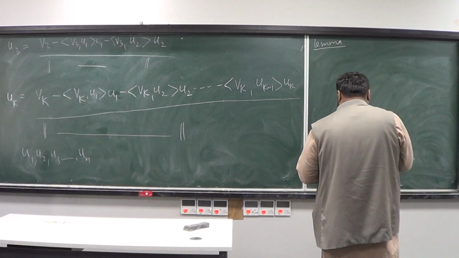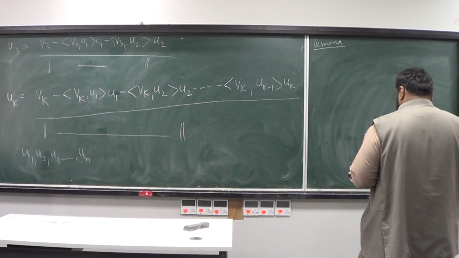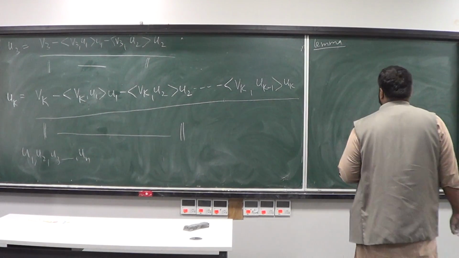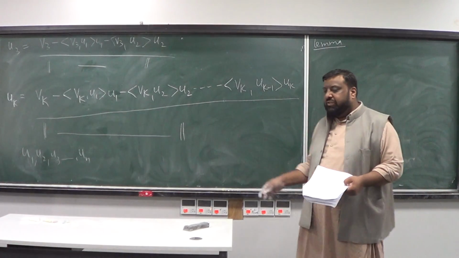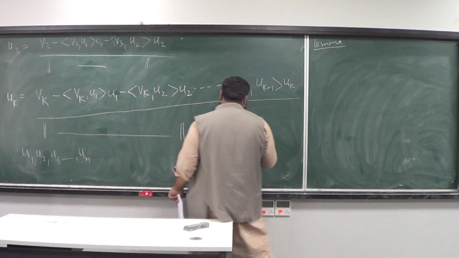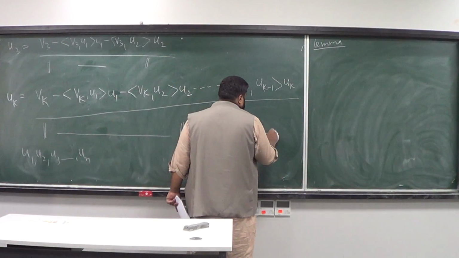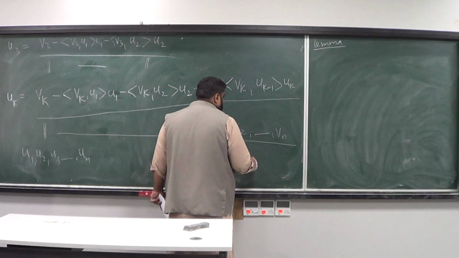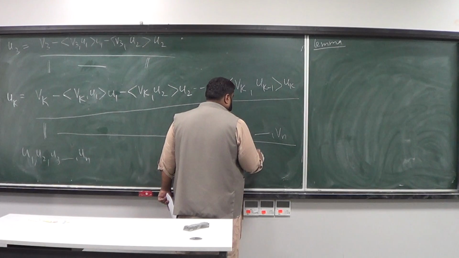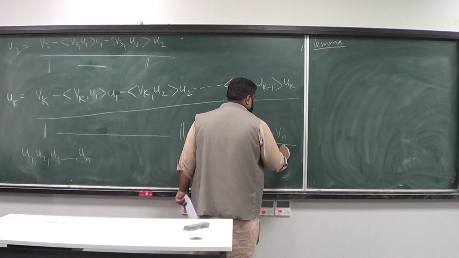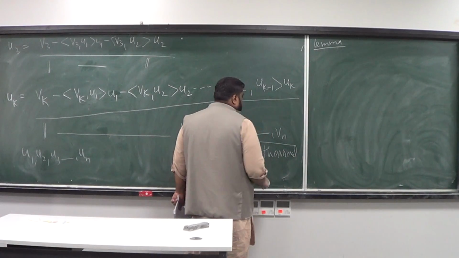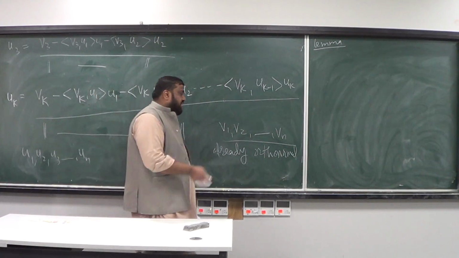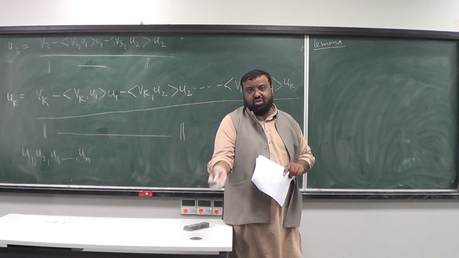But I have already said this lemma actually, so I don't need to rewrite this again. By the way, an interesting observation is, if you have these vectors, say v1, v2, vn, which are already orthonormal, then obviously it is silly to apply the Gram-Schmidt process onto them to turn them into orthonormal because they are already orthonormal.